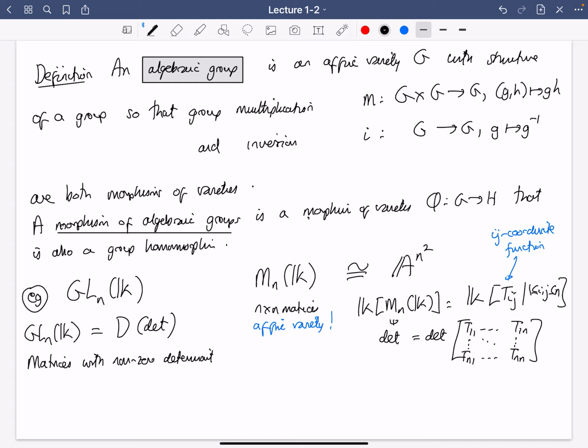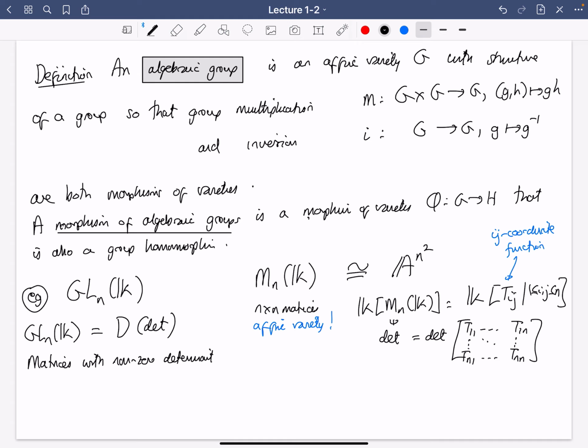That determinant gives us a polynomial. It'll be a homogeneous polynomial of degree n by the usual expansion of determinant. And that's exactly the function where when you evaluate on any n by n matrix, it gives you the scalar that's the determinant of that matrix.